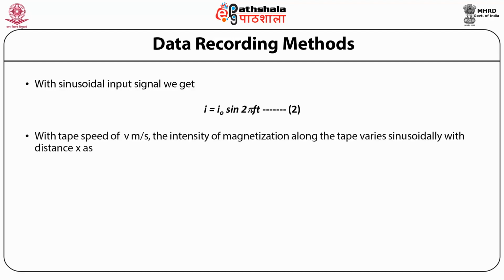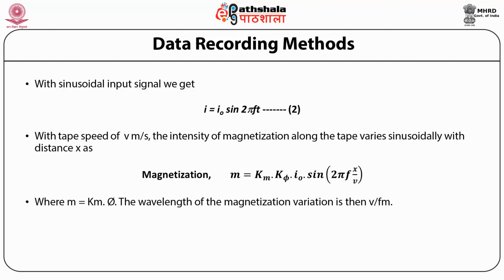And with a tape speed of V meters per second, the intensity of magnetization along the tape varies sinusoidally with distance x, as magnetization is given by m equals km times k phi times I naught sine 2 pi f x over V, where m equals km times phi.